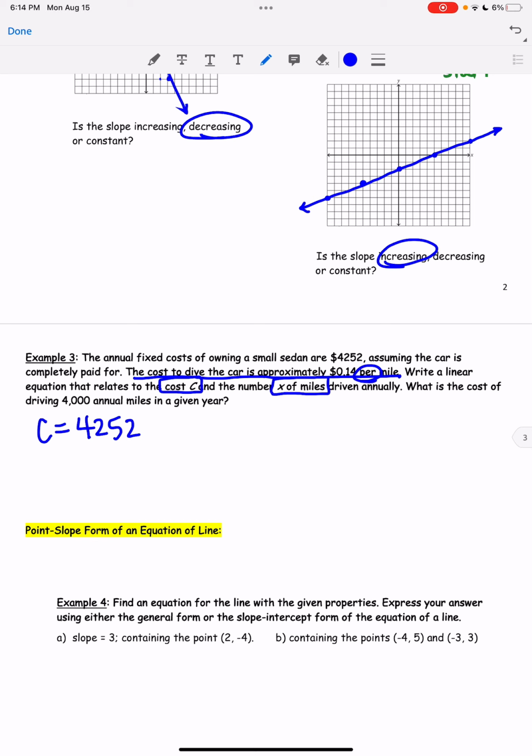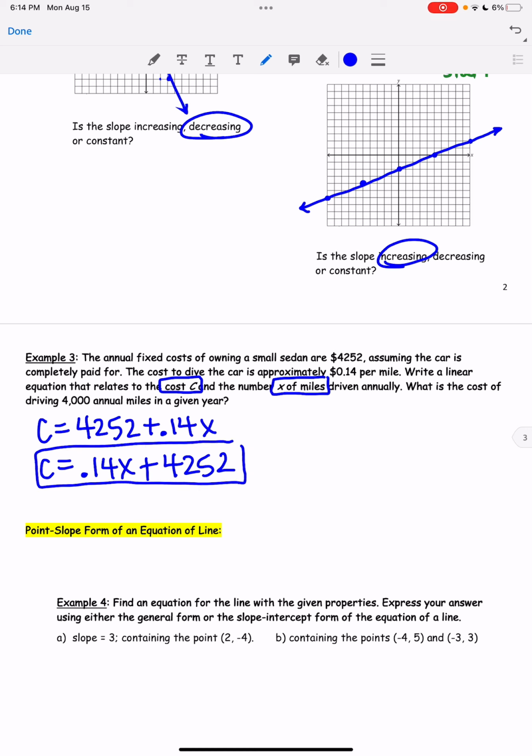That per means that we are multiplying, so 14 cents per mile in miles equals X. So that is plus 0.14x. Now, if we were to write this in y equals mx plus b form, we would really want this as C equals 0.14x plus 42.52. The first answer is great as well. They really mean the same thing.